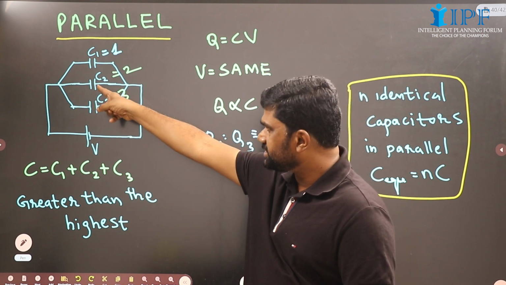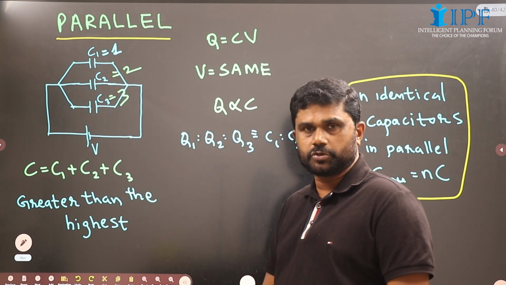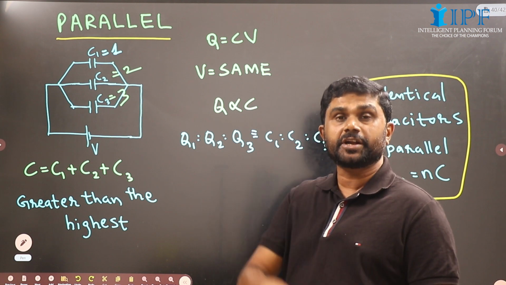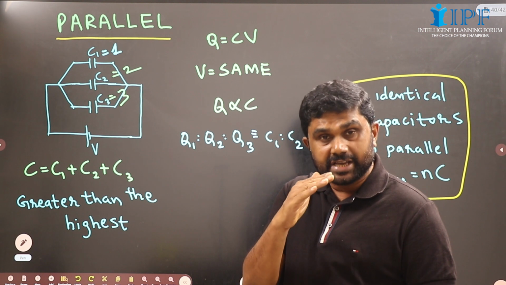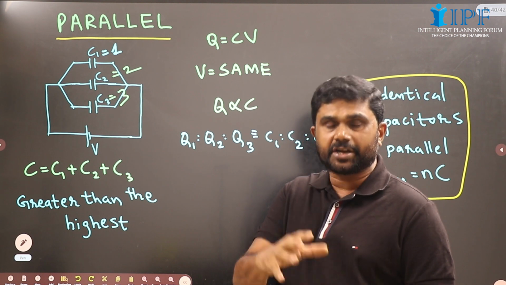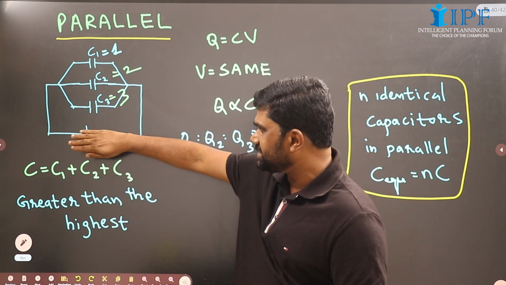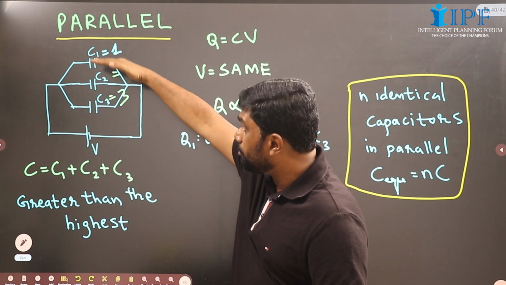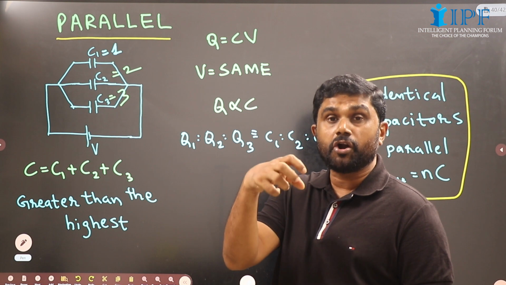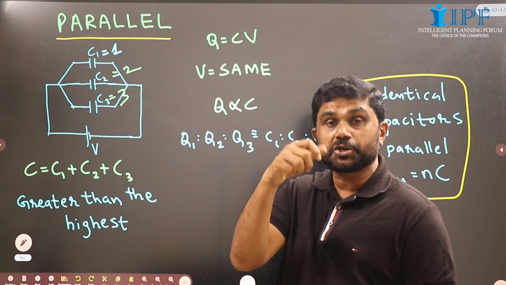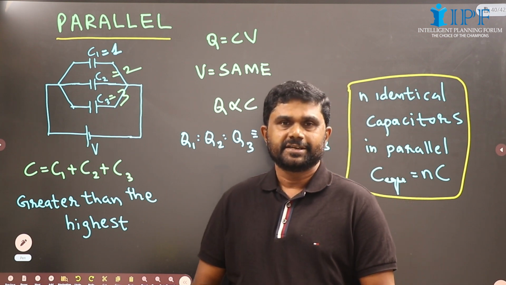The voltage across this second capacitor also will be 100 volt. Charge will be 200 microcoulomb. Capacitance 3 microfarad, voltage across that capacitor also will be 100 volt. Whatever voltage is connected, that will appear across all the 3 capacitors, and charge drawn by each capacitor will be proportional to their capacitance.